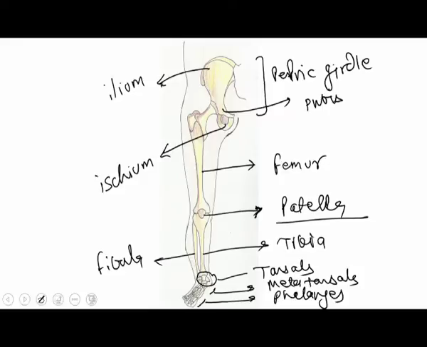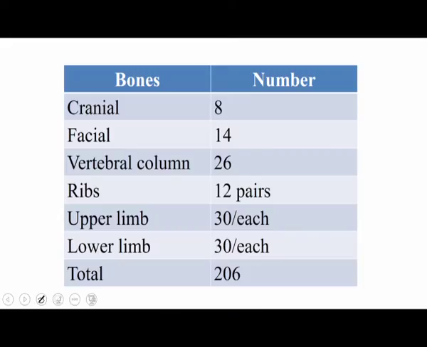So this is all about the appendicular skeleton. We are not going to discuss much about this aspect, but one has to understand that these are the bony framework. In the next slide, let us summarize the whole story and wrap up the axial and appendicular skeleton.